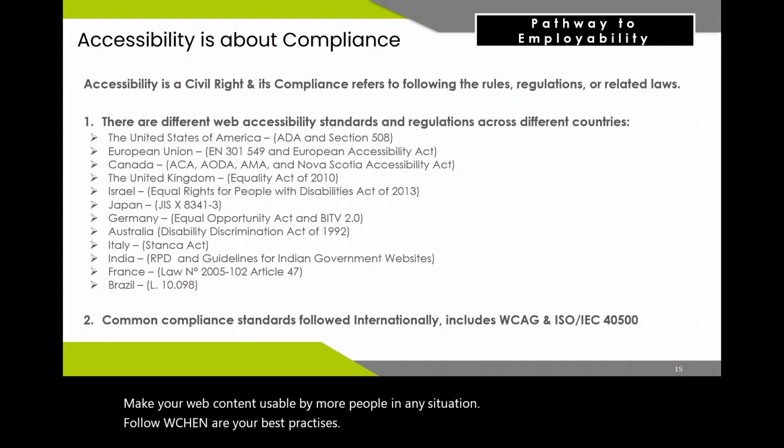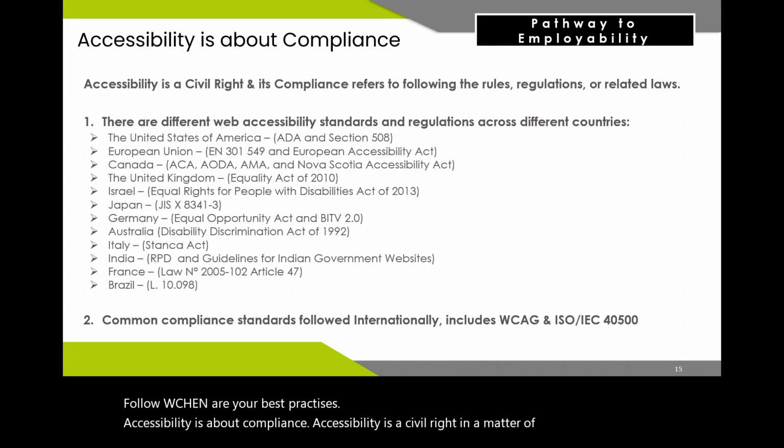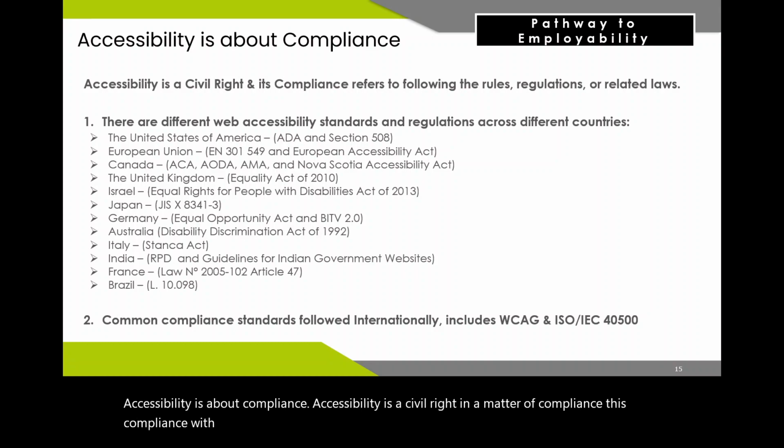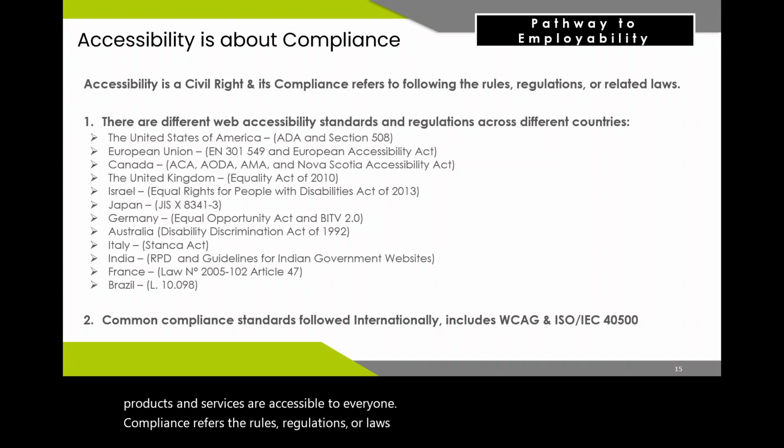Accessibility is about compliance. Accessibility is a civil right and a matter of compliance. This compliance with accessibility guidelines and standards is important to ensure that digital products and services are accessible to everyone. Compliance refers to the rules, regulations, or laws of accessibility.